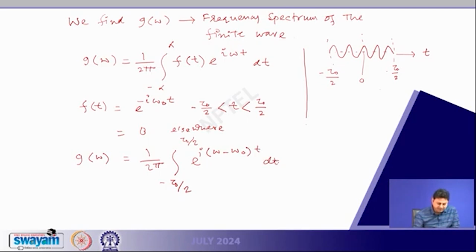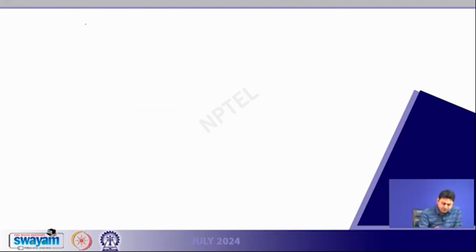So that is the expression we have, and if somebody solves this simple integral, he or she is going to get 1 divided by 2 pi, then e to the power of i (omega minus omega naught) t, whole divided by i (omega minus omega naught).